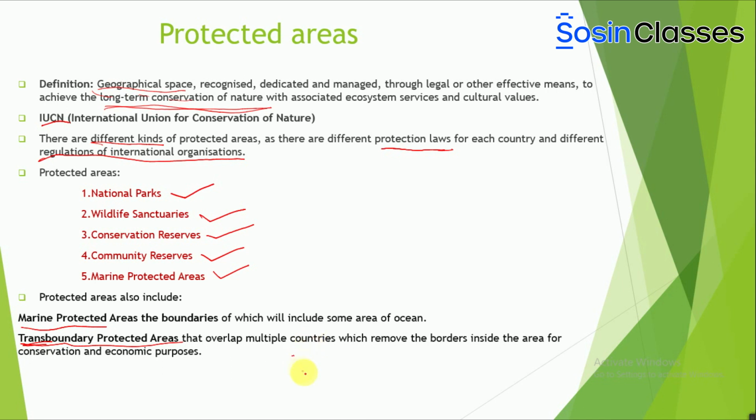Therefore the boundaries of these protected areas are removed, and inside this protected area there will be conservation and protection of the nature which is present in this area. So the removal of border is there and this area will be protected, which is between 2 or multiple countries. These transboundary protected areas also play a major role in the conservation of natural resources.